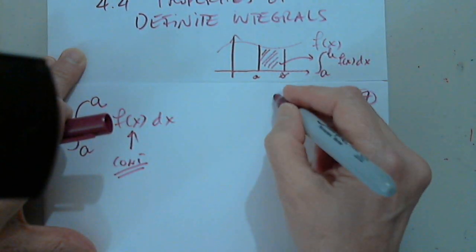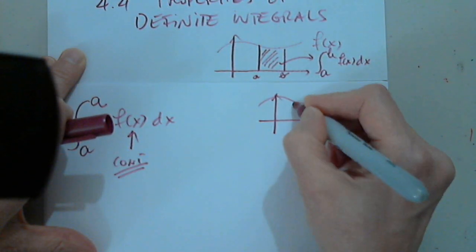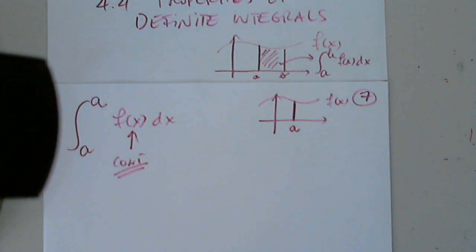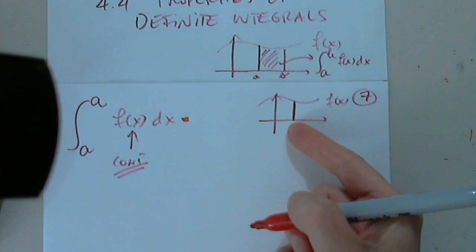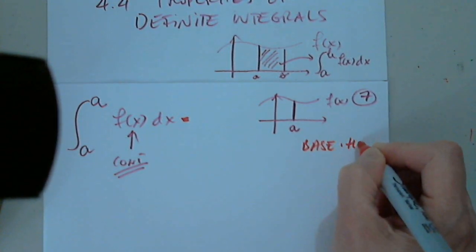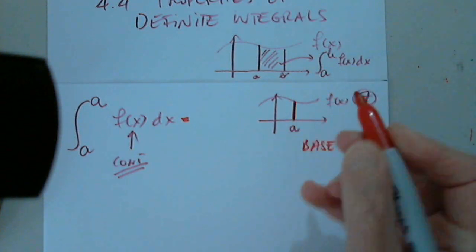This one is the integral from a to a of f of x dx. What do you think that will equal? Is it 1? But is there any length? Because the area has to be base times height. I have a height, but do I have a width?